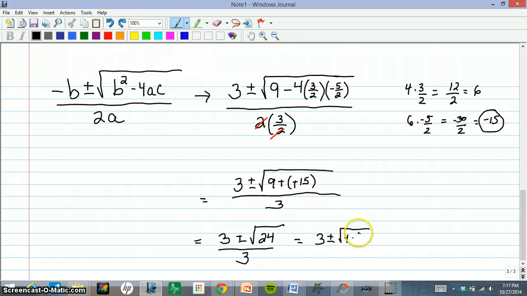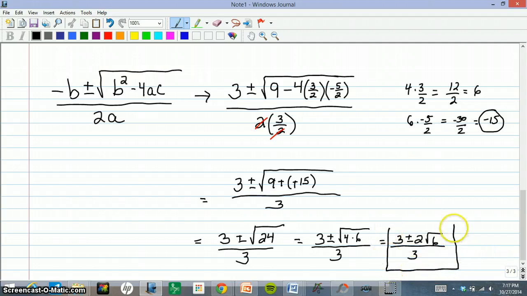Should be writing 4 times 6, all divided by 3. And this makes 3 plus or minus square root of 4 is 2. Square root of 6 does not simplify, over 3. In these two terms, the only common factor they share is 1, so there's nothing to factor out in this case. So we're done.